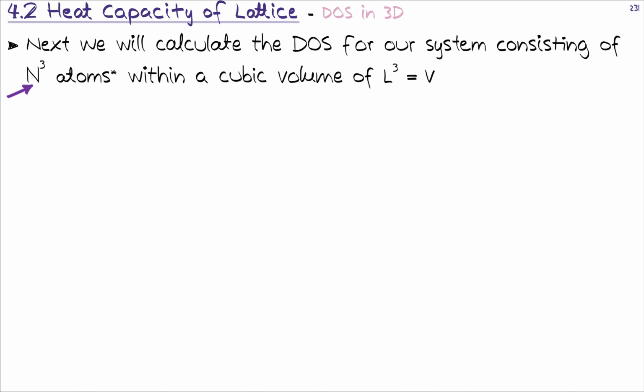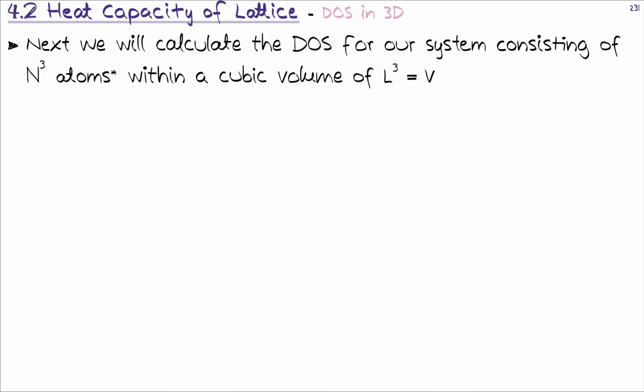So in fact, I would say that you should remove this cube here. So we are just dealing with N lattice points in our treatment. But let's see later how we are normalizing, how we calculate the Debye frequency, in order to find out which way it is. Is it N or N cubed?